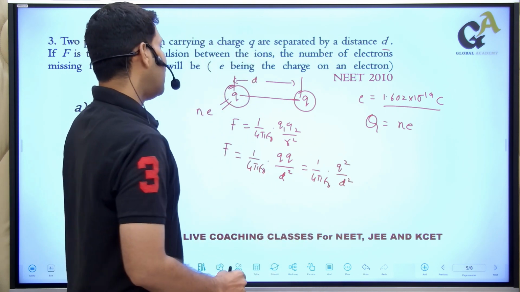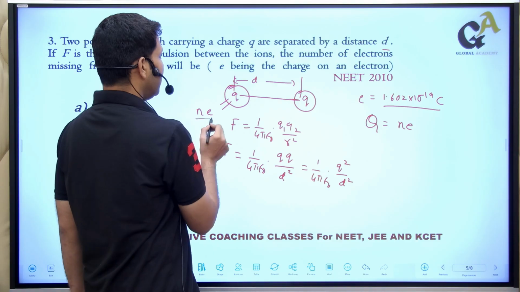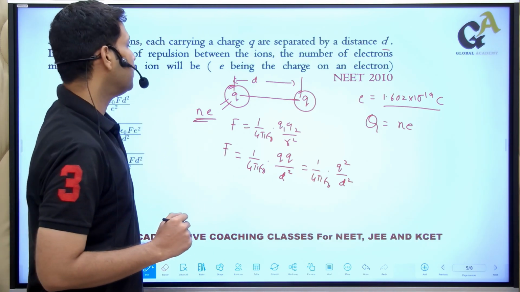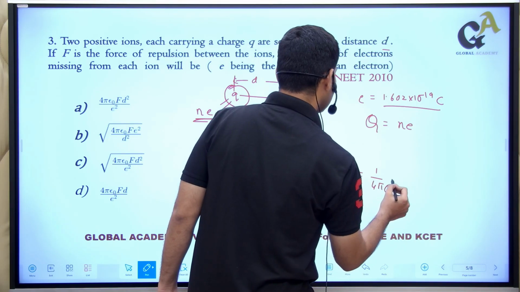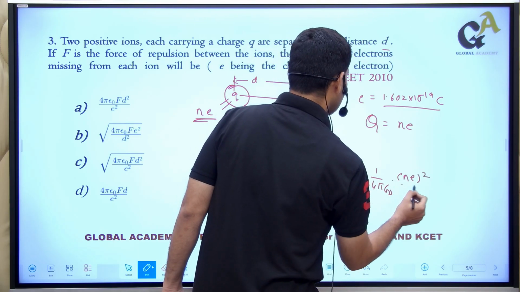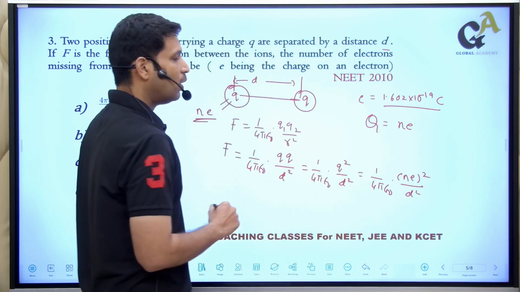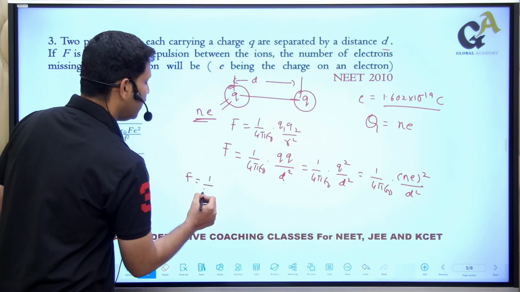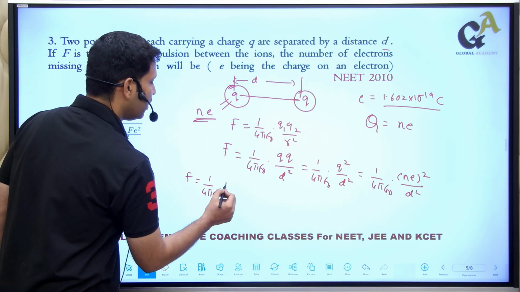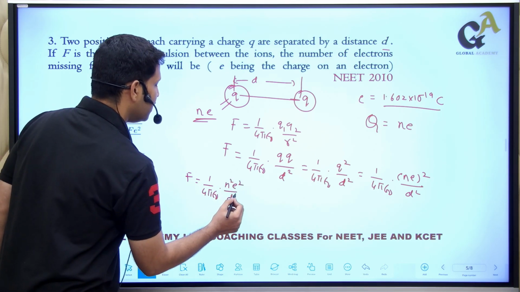So now what is the value of Q? Each Q is having N number of the elementary charge, right? So therefore F is equal to 1 divided by 4 pi epsilon naught, N e the whole square divided by d square, which is 1 divided by 4 pi epsilon naught n square e square divided by d square.